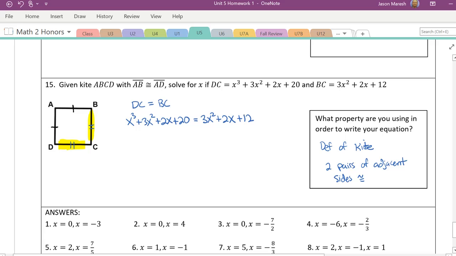And I'm trying to decide which side I should make equal to 0. And I notice the left side is the only side that has x cubed, which is my highest power. And so that's going to stay put, and I'm going to get rid of the right side, make it equal to 0 by subtracting it out.